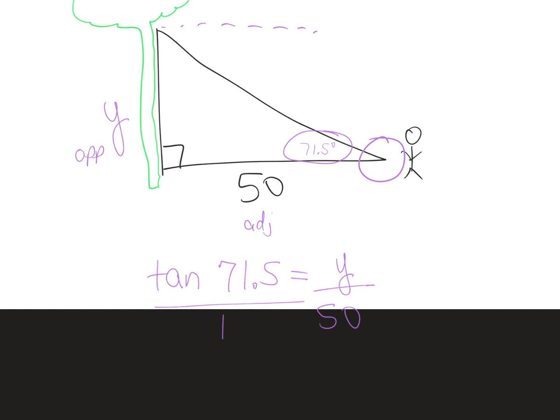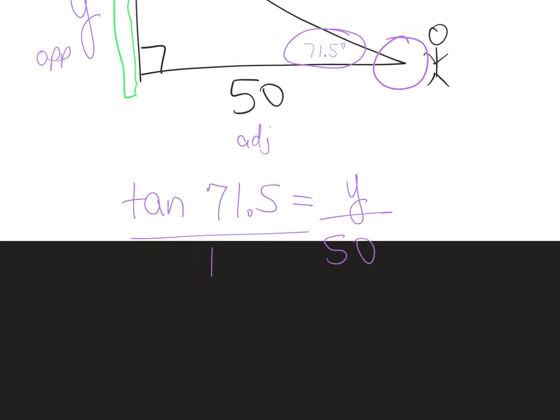Do you guys have a problem right here that says a fraction equal to a fraction? Yes? How do we solve this? Okay, can I just cross multiply? What's y times 1?